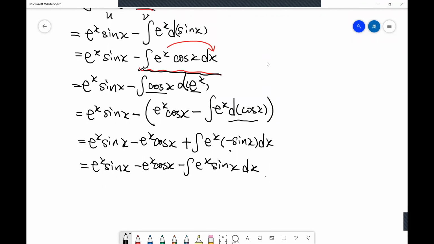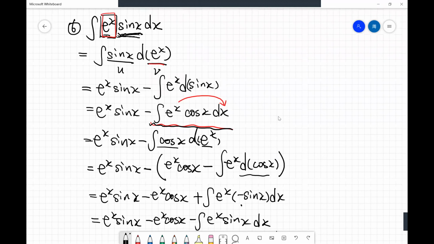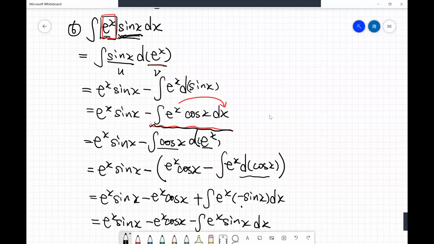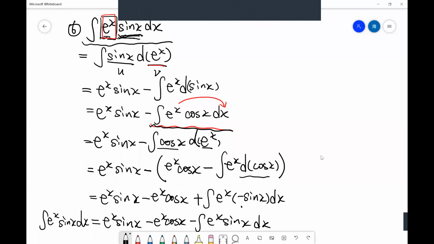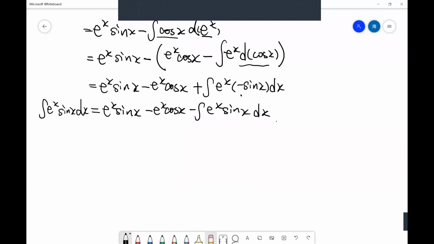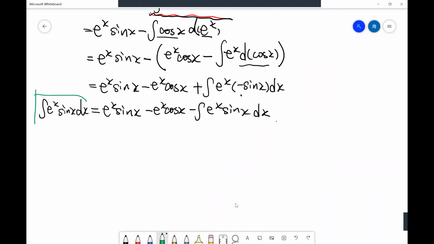Okay, and don't forget the left part. What is the left part here? The left part here, I will write here, the integral of e^x sin x dx, right? So for this step, you will figure out one thing: the left part is the integral of e^x sin x dx, and the right part is also the integral of e^x sin x dx, right?